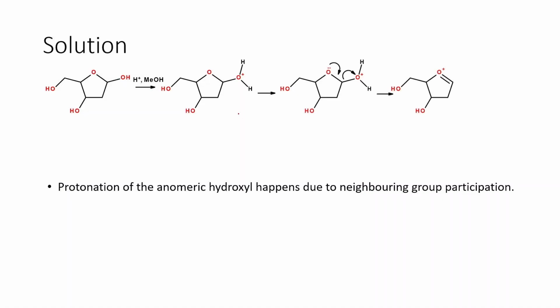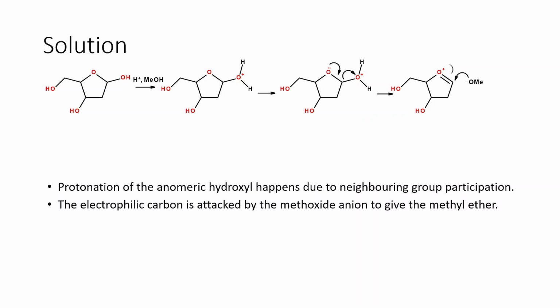So we have the starting triol. When treated with methanol, it undergoes the ether formation. The various steps involved in the ether formation are given here, so we end up with the ether. How this reaction proceeds is, the most important thing is the neighboring group participation.